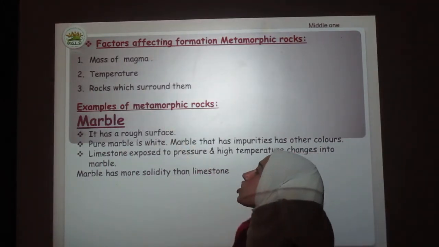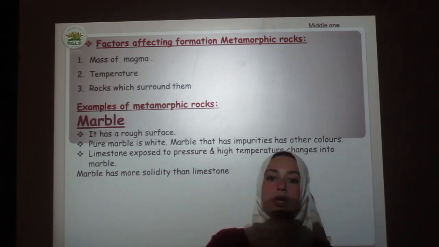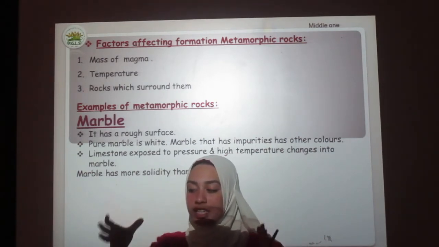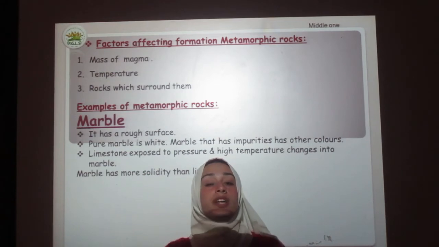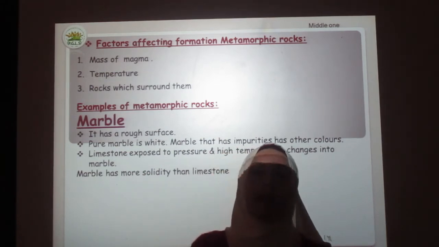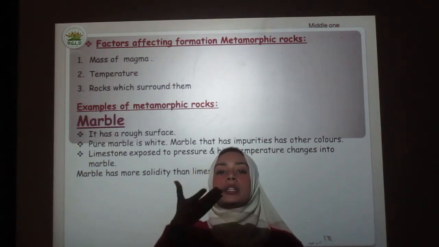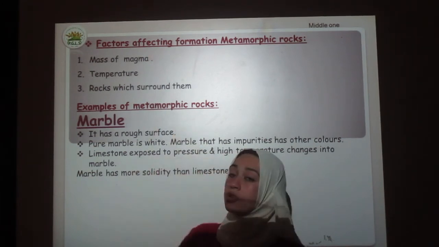The rocks that surround this rock: by increasing the surrounding rocks, the pressure on the rock will increase. So by increasing the rocks, what happens to the rock in the middle? It will transform to be metamorphic rock.